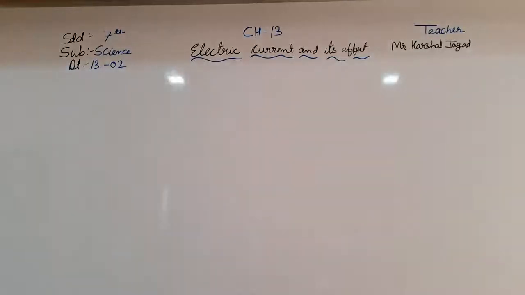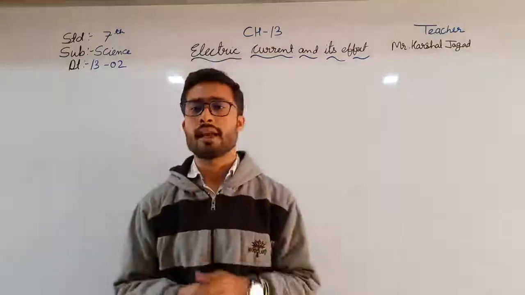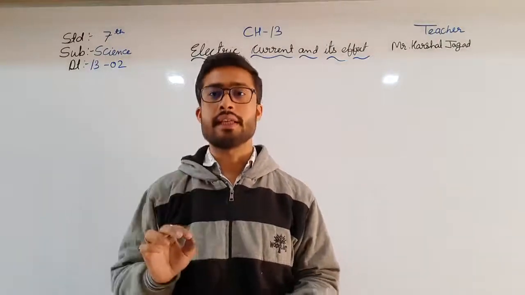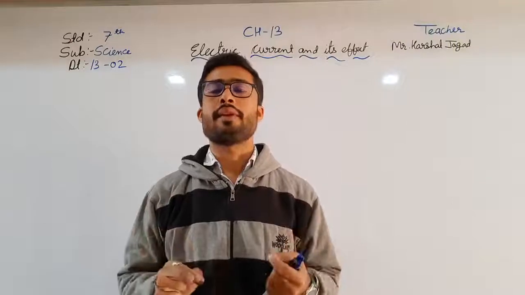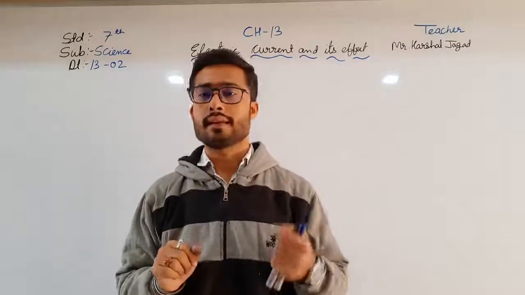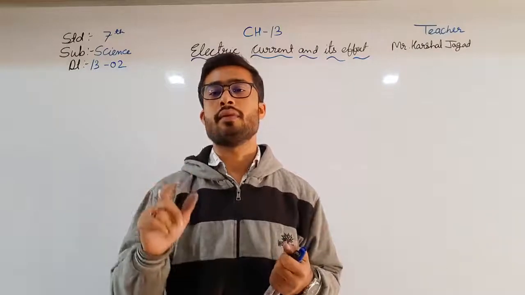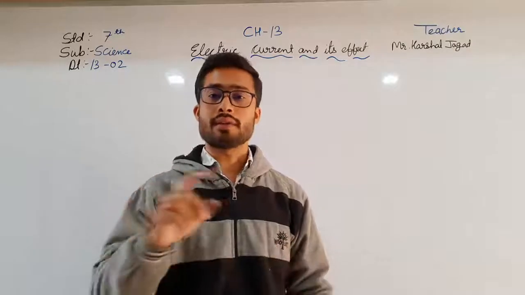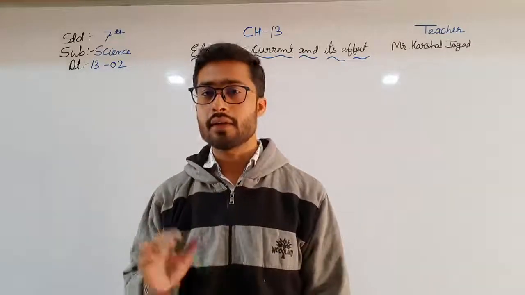First of all, we know how the electric bell works. The first step: when you switch on the electric bell, the current will flow through the circuit. As the current flows, the electromagnet becomes active, because the current is given to the coil.